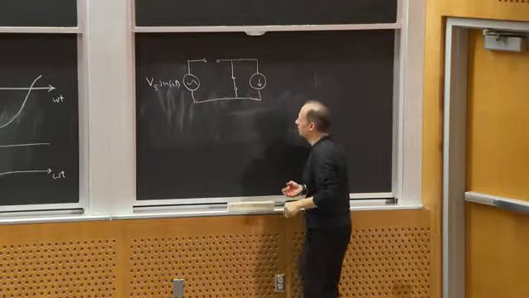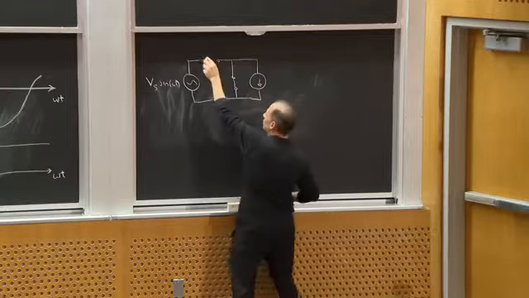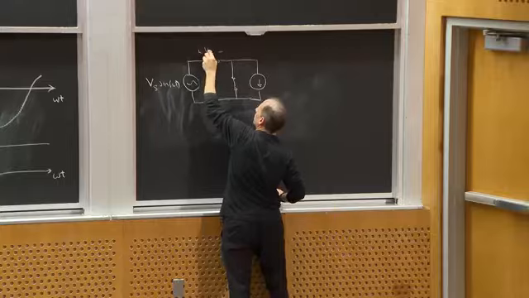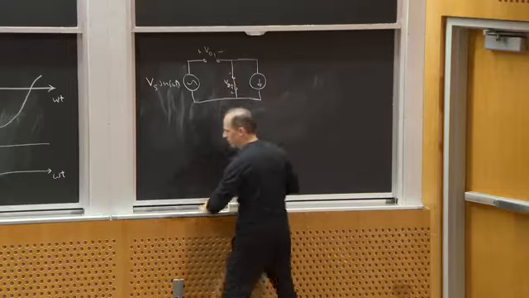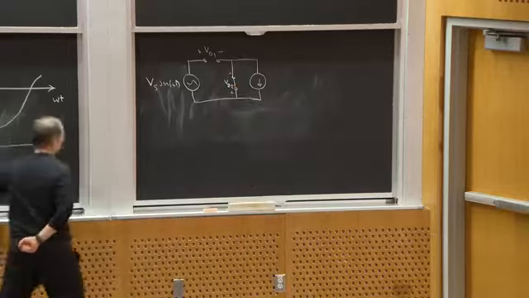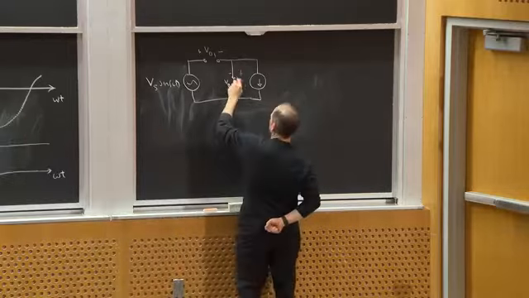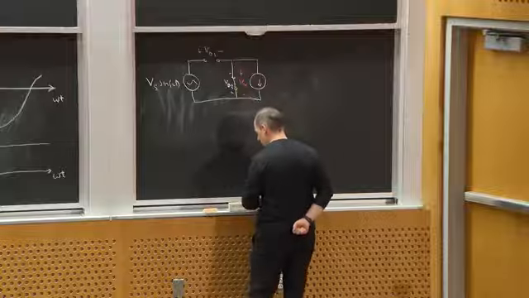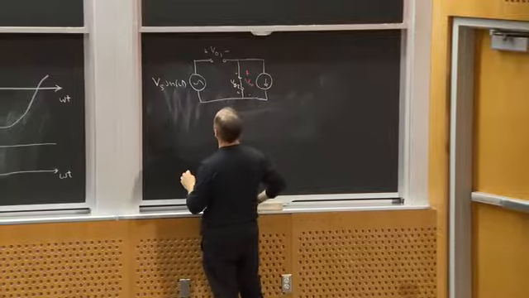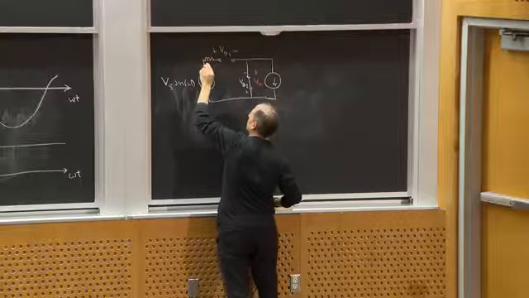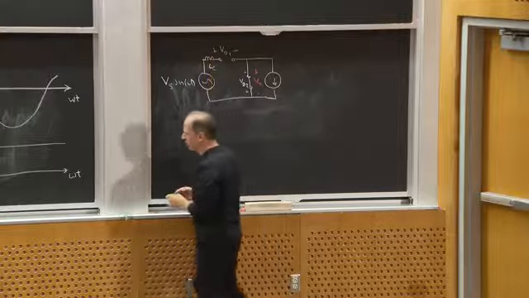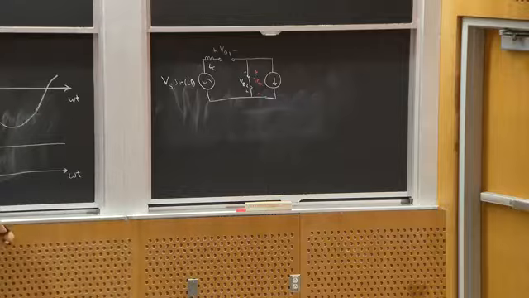And this is VD1, this is VD2, and this is Vx. And it would help if I included my commutating reactance in here. Here we go, LC, and I should add in my current I1.